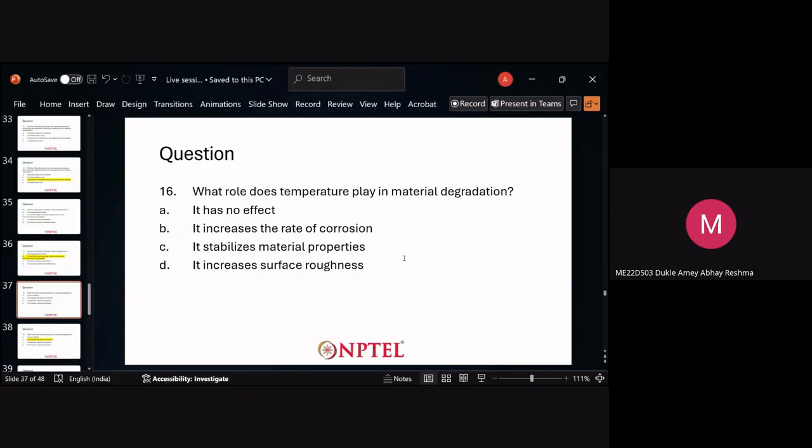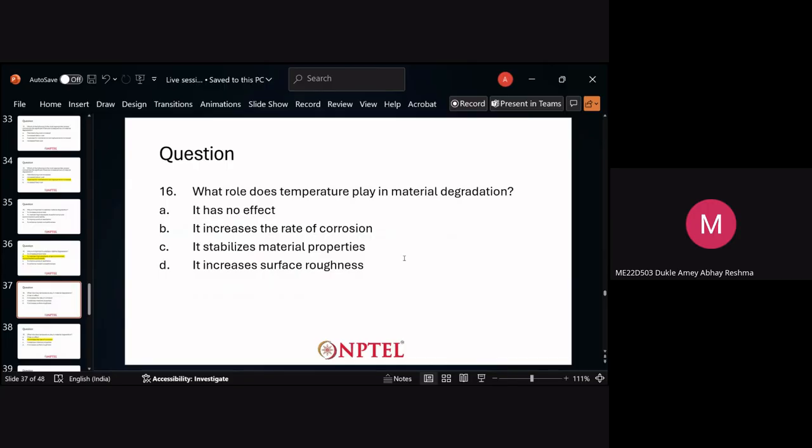So at a higher temperature, you might have heard the Arrhenius equation. There was something called activation energy, and the kT term. So when the temperature increases, less energy is required to cause any chemical reaction to occur.